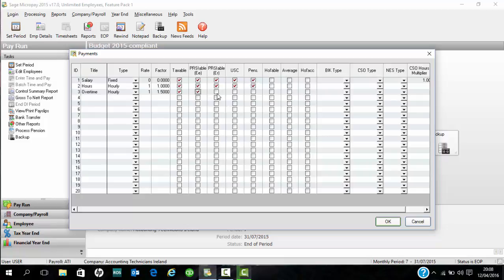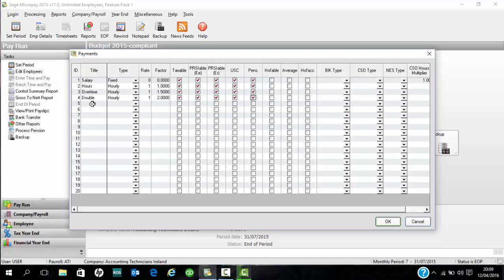Same story, select as taxable, PRSIable, USC, and if it's pensionable, we're not going to worry. So let's say it is. Generally, in the real world, overtime is usually not considered pensionable unless it is standard. If it was a case of double time, hourly, 1, the factor would be 2, and you select your items as you go across.